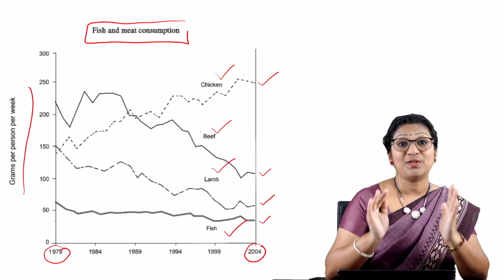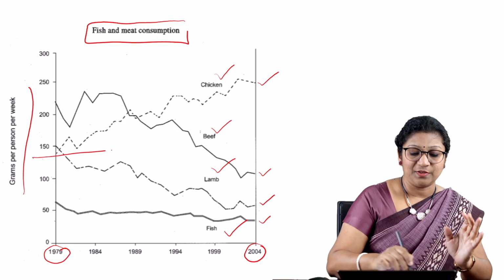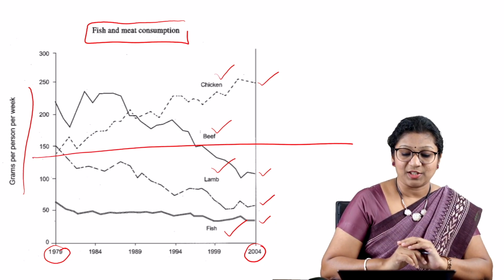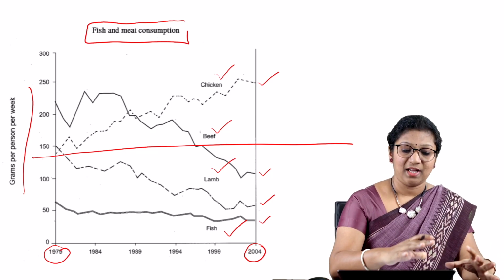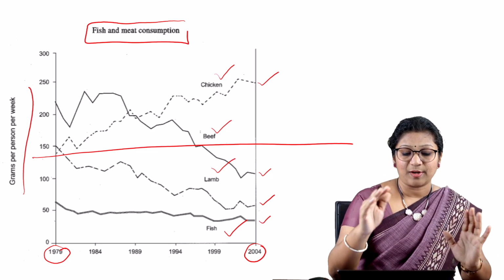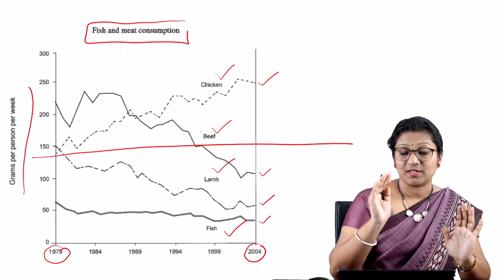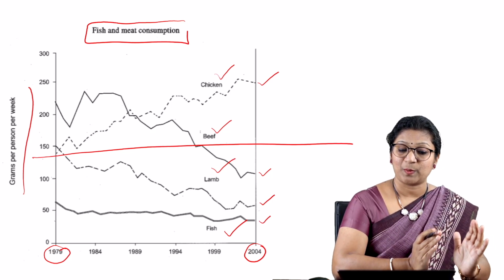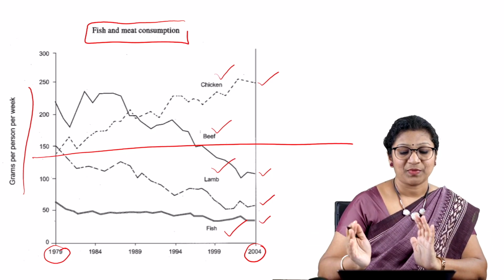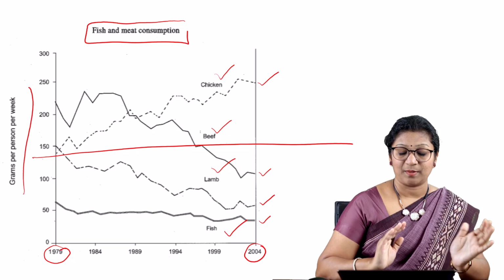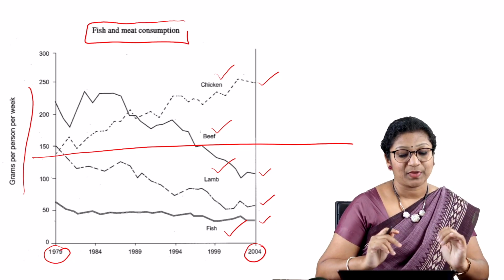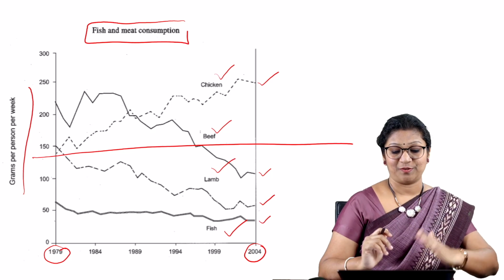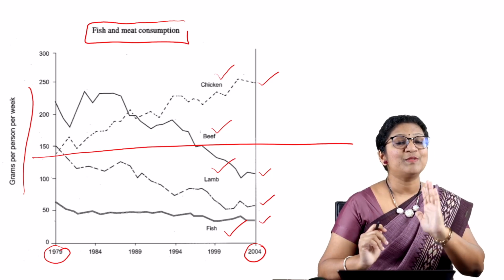But you also can see that if you divide this graph like this, chicken and beef had higher values, right? Grams per person per week. For chicken it is from around 150 grams per person per week up to 300 grams. And if you look at beef, again from 200 to a little below 150 grams per person per week. But when compared to the value for fish, it stayed at around 50 grams per person per week.